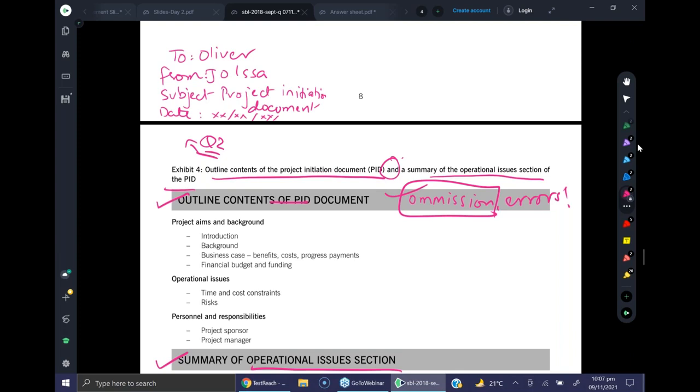I will first say, thank you Mr. Oliver for preparing this project initiation document and taking up this responsibility, and the summary of operational issues. And if there are issues, you can say that there are a number of feedback points I would like to highlight in this memorandum, and I will also be suggesting improvements to better update the document.